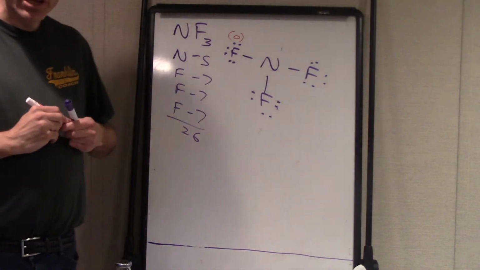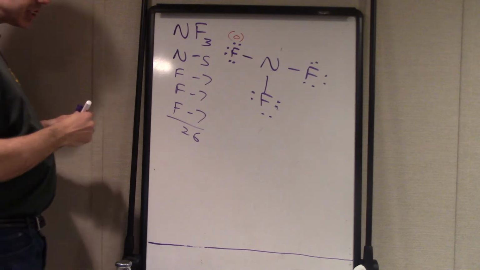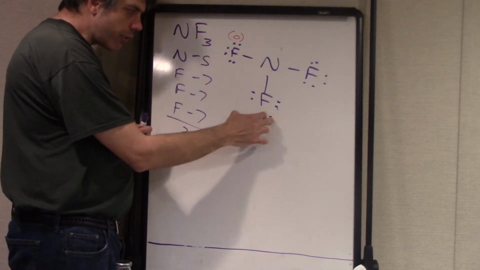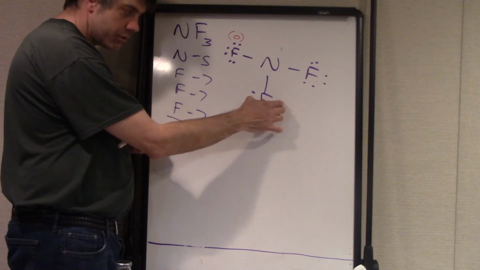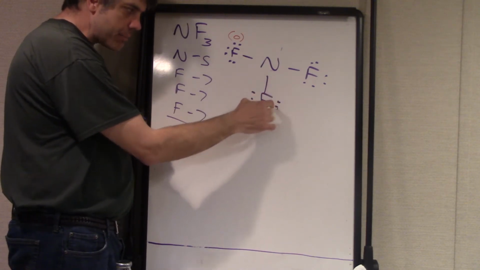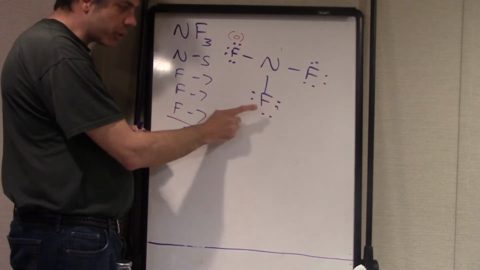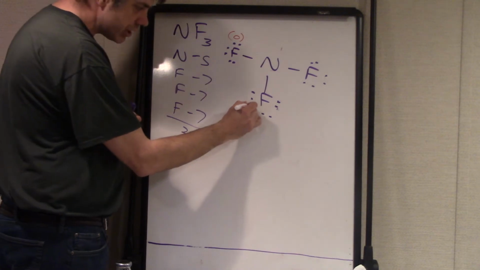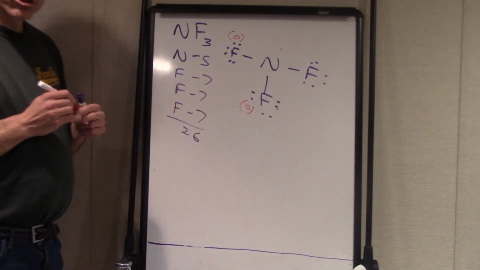If we go through the rest of the elements in the same way, this fluorine behaves the same way. 2, 4, 6 belong to the fluorine for sure. One of these 2 from the bond makes 7 formal electrons for this fluorine. That matches the valence electrons, so we would call that a formal charge of 0.